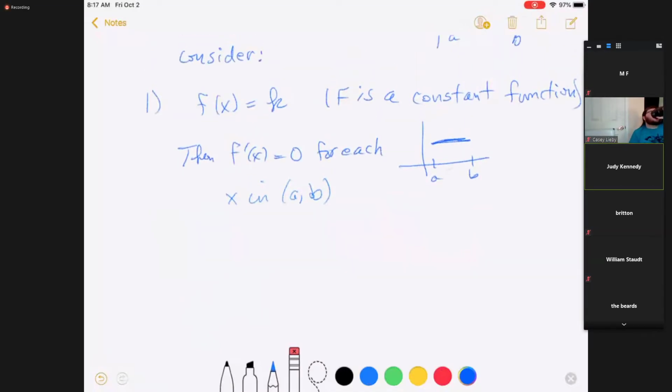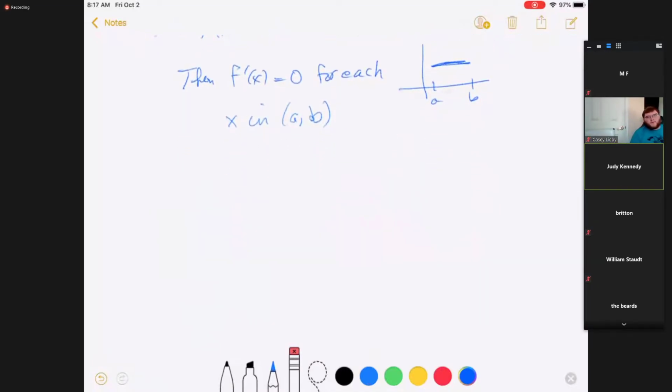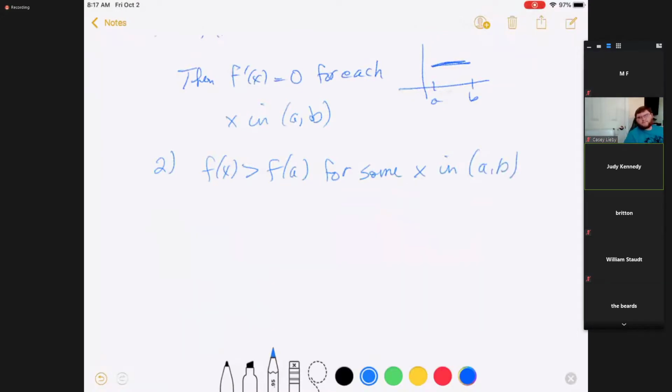In the second case, f of x is greater than f of A for some x in (A, B).